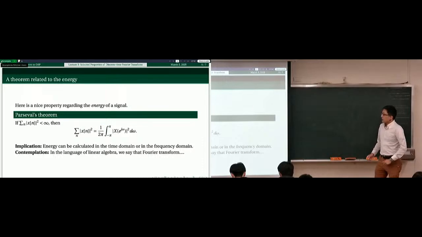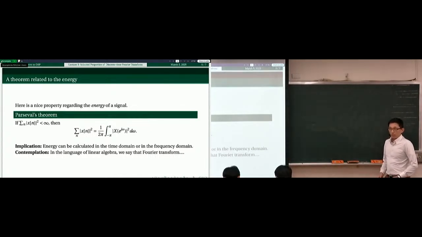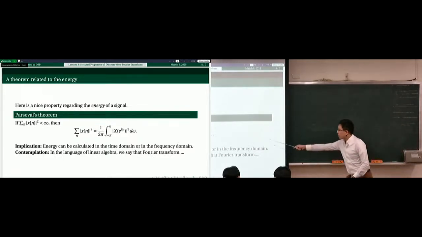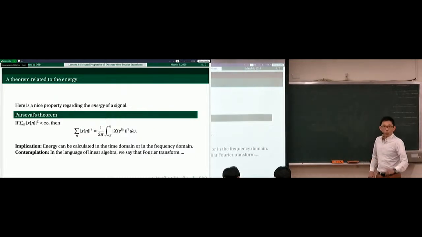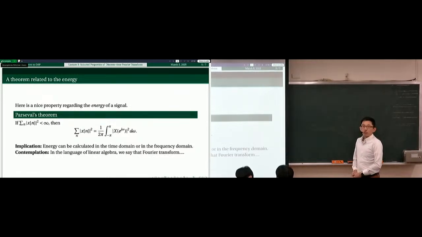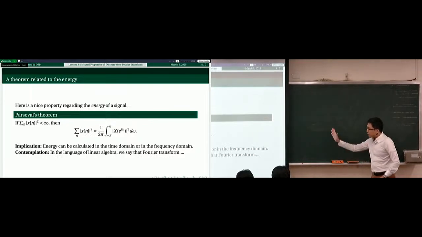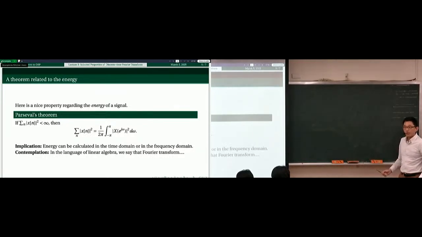But in general, when you change basis and then calculate the norm, the result is going to change, because you can stretch in one dimension and compress in another dimension. Whenever you change a basis, generally speaking, the norm is not preserved. But here, the Fourier transform is a special kind of change of basis which preserves the norm.